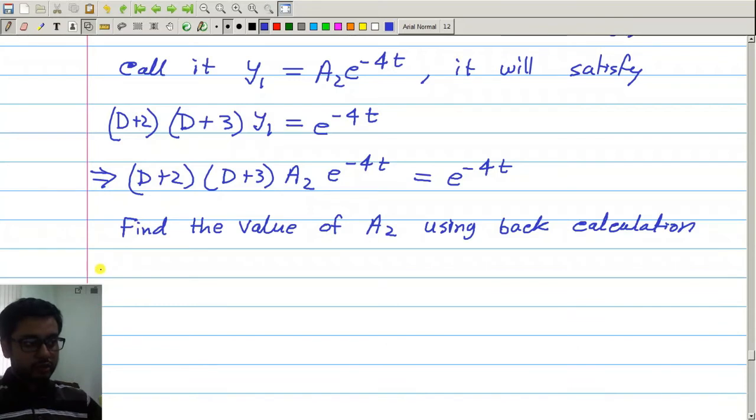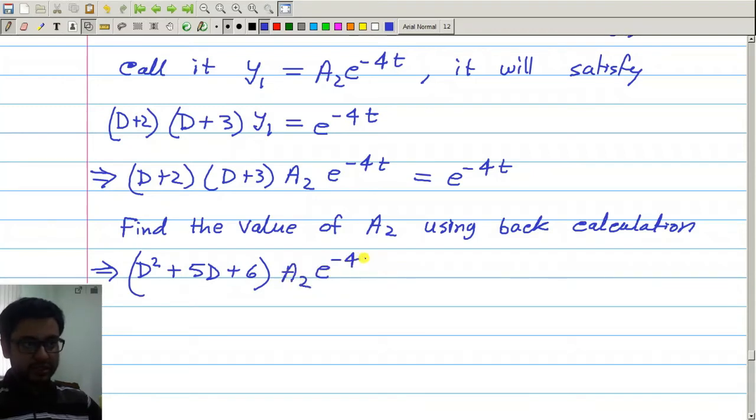Okay, so let me first multiply these two terms, and we will get d square plus 5d plus 6 acting on this, which is A2 e to the power minus 4t, equal to e to the power minus 4t.